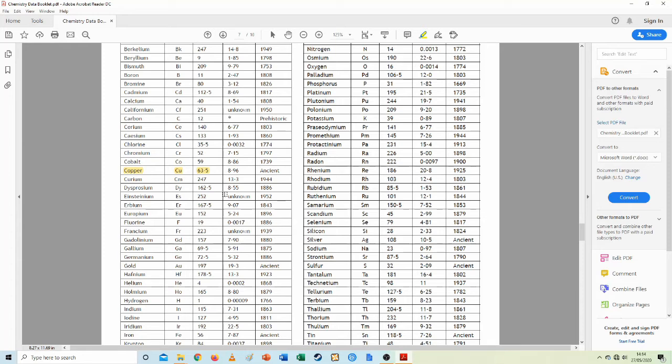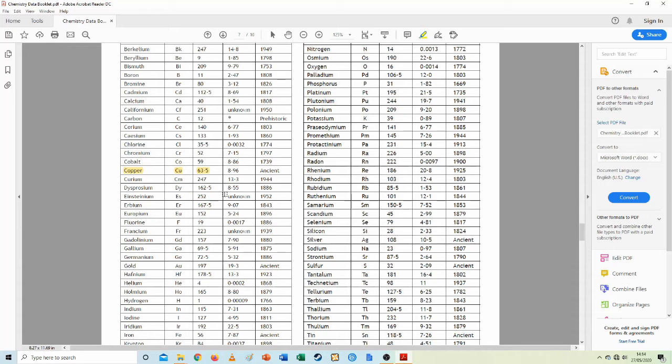It is actually 63.5 because half the time you pick up a copper atom, the relative atomic mass will be 63. The other half of the time, it'll be 64. I'll explain that a little further when we switch back to the paper sheets, but it's enough to say that this goes back to isotopes.